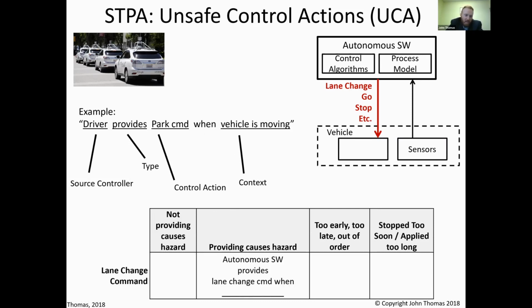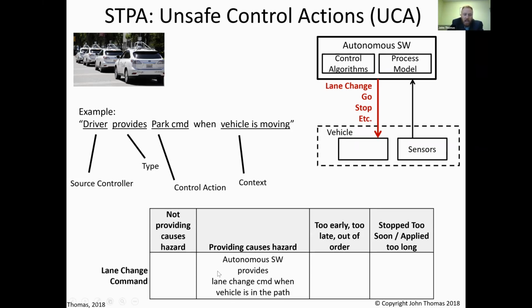Excellent, you guys are picking this up very quickly, exactly. So basically these 3 are given to us by the control structure and by the table, and our job is to fill in the context of the UCA. So here's one, when some vehicle is in the path. Clearly, that's dangerous. We don't want to be changing lanes when there's a vehicle in the path. There are others, as you guys have been mentioning.